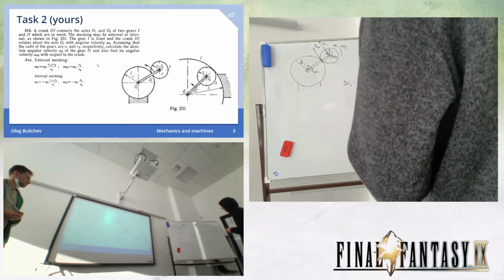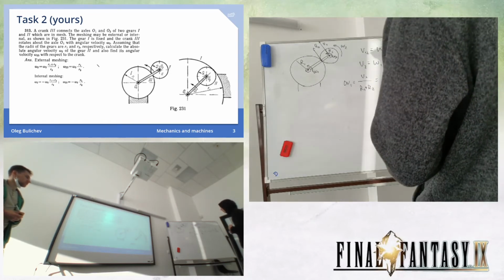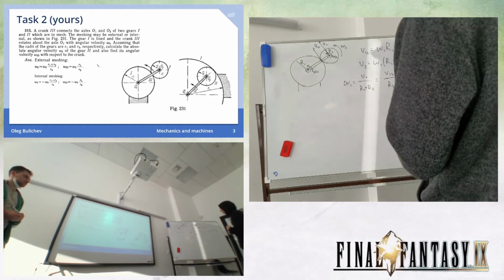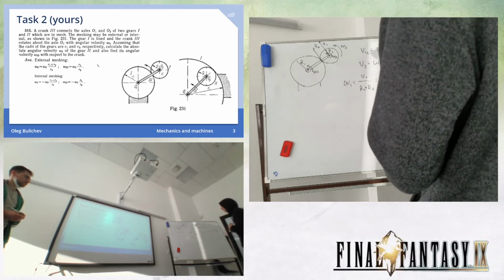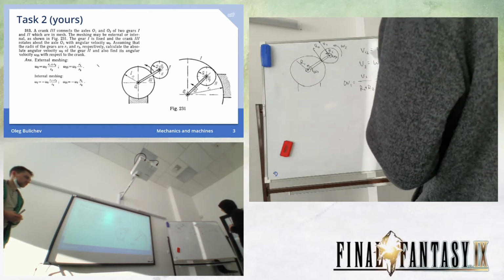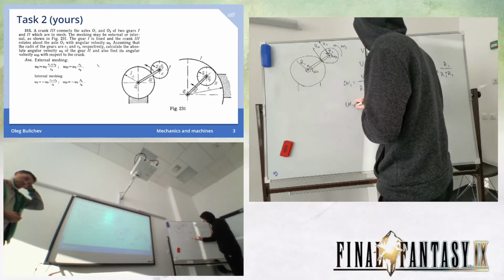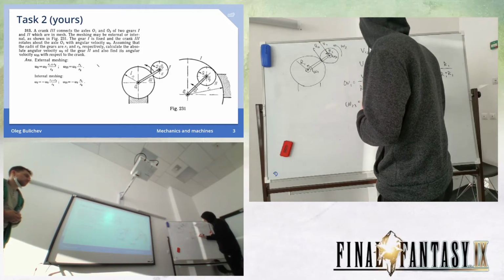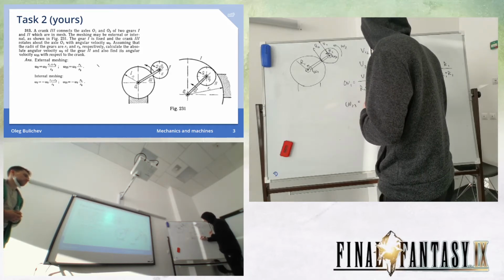We need to find V23. V23 is V12 divided by R2. V2 is V12 by R2.